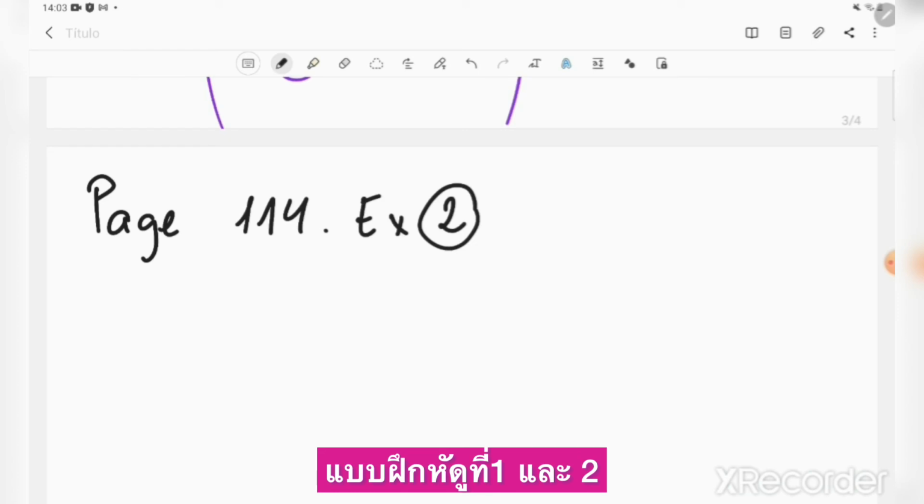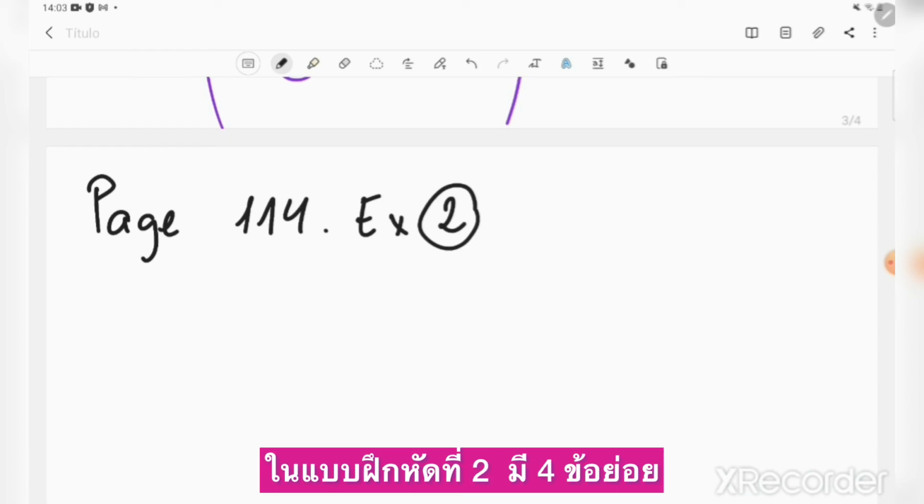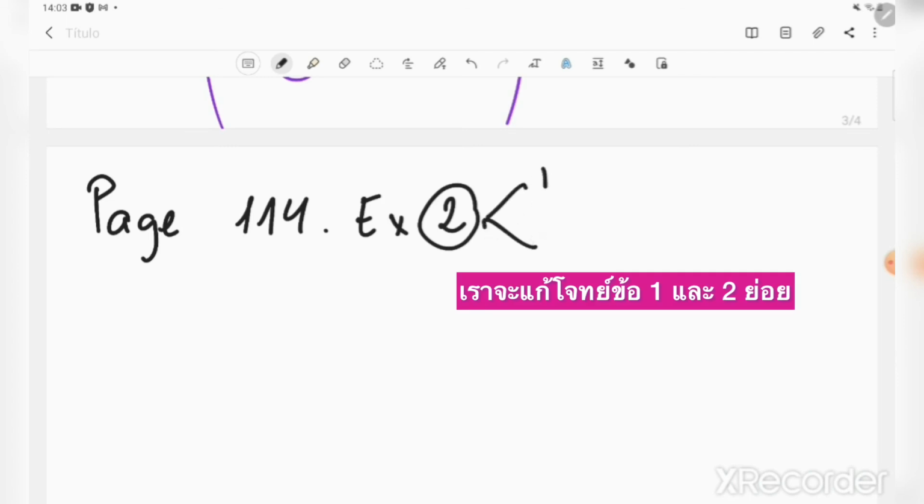In these pages are exercise number 1 and number 2, and inside number 2 we have 4 more, so we are going to solve 1 and 2.